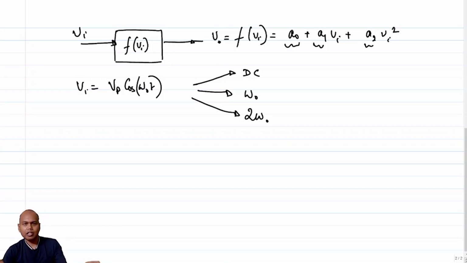I just put a nice bandpass filter and do not have to bother about 2 omega naught at all, right? In the example that I gave you just now, it is true that you do not have to bother at all, but the problem is you never actually send a single tone. In general, you will be sending multiple tones.